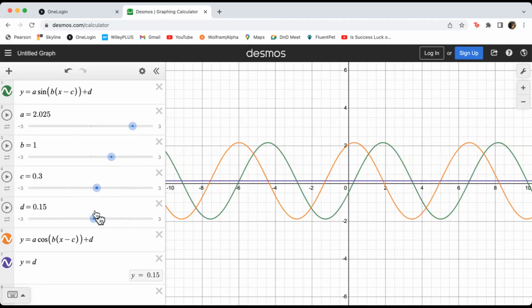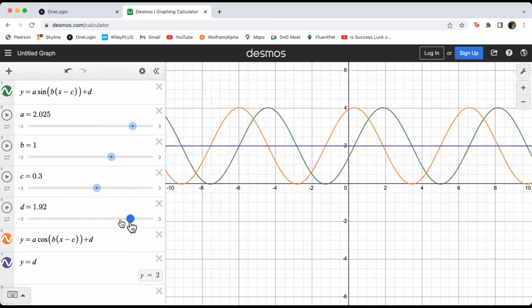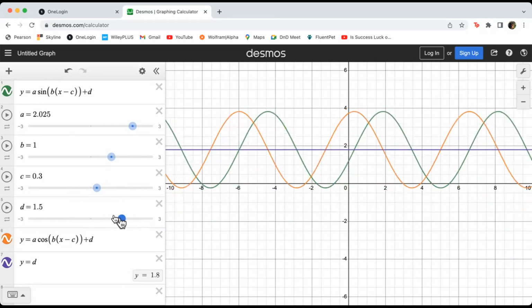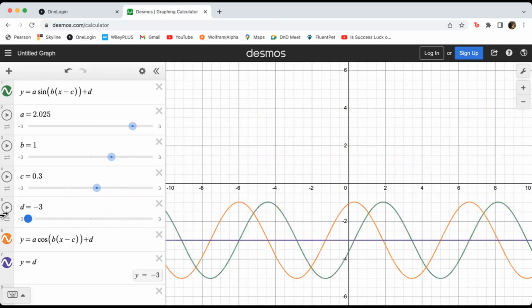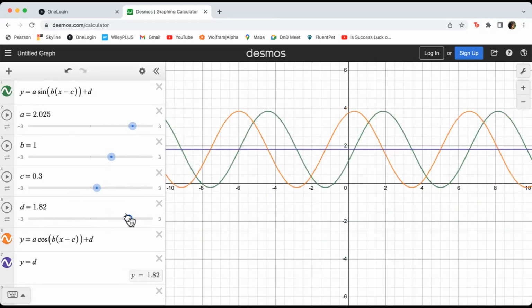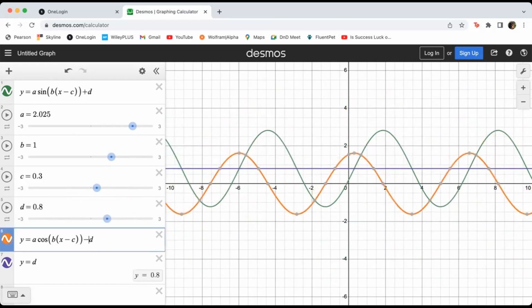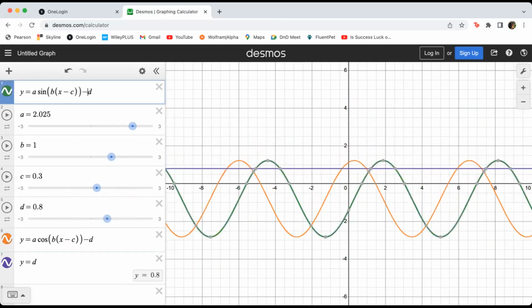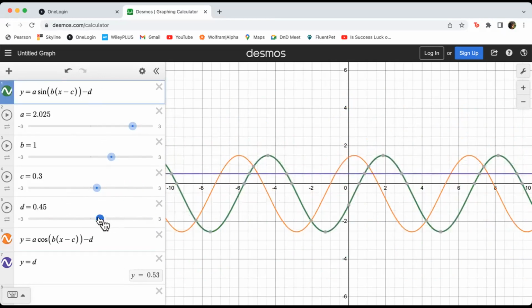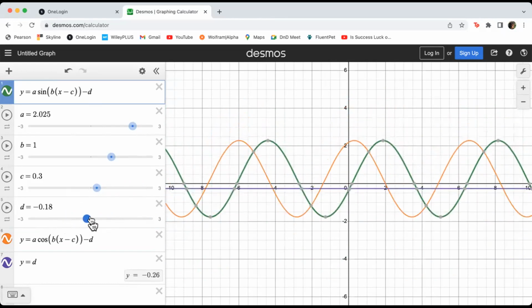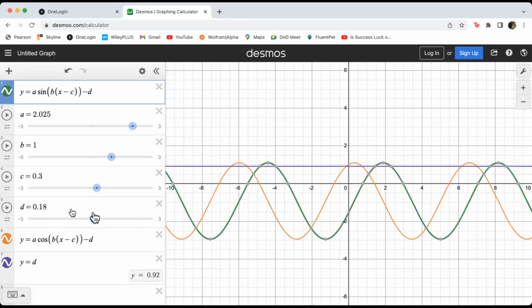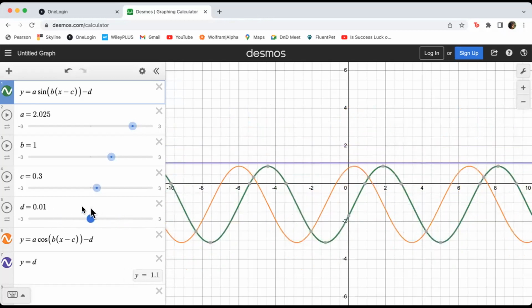What about which one? See, since it says plus D, when D goes up, the graph goes up. And when D goes down, the graph goes down. That's a good question. Let's find out. So if I make them negative D's, now it's going the opposite. If I move D down, the graph goes up. If I move D up, the graph goes down. It's like trying to catch the middle.